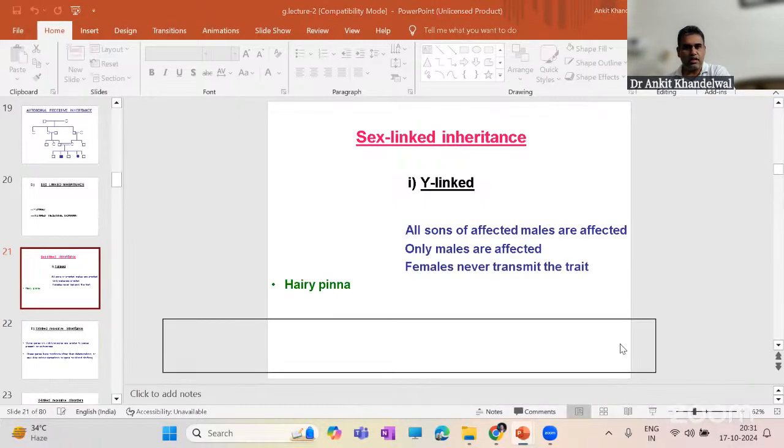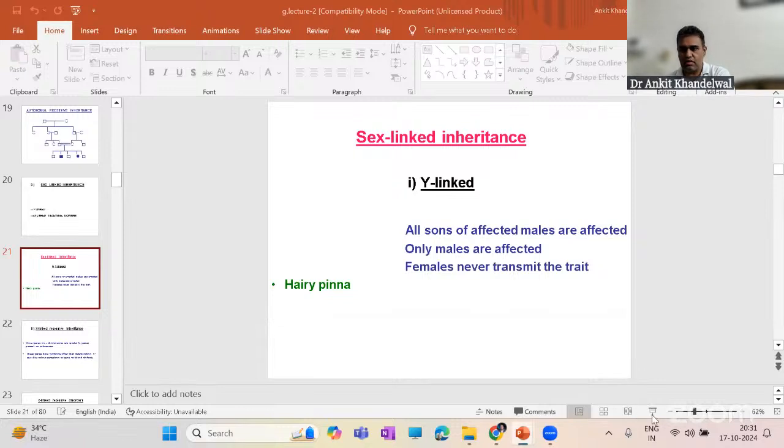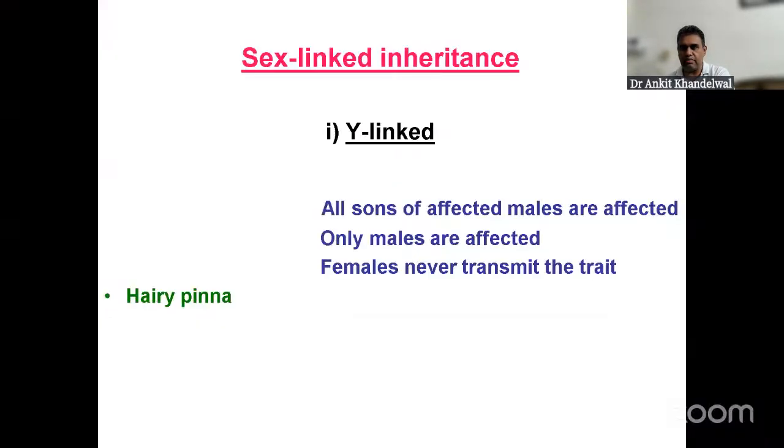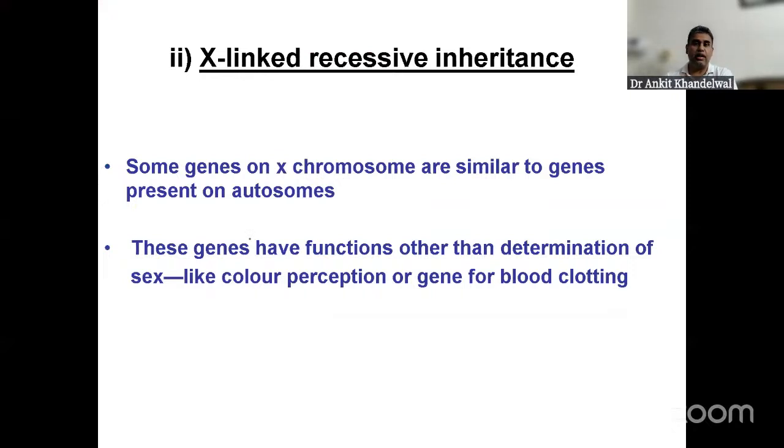Let me enlarge it a bit. Let's move on from here. So Y-linked, I guess it is clear: hypertrichosis or hairy pinna. Now X-linked recessive. Remember XX is female and XY is male. Just apply your common sense also; most of the things are done by common sense.